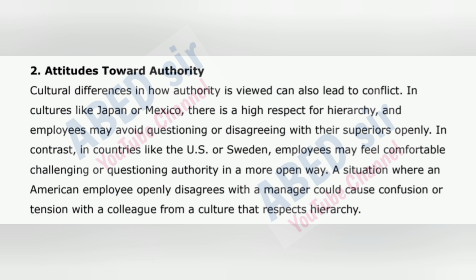In contrast, in countries like the US or Sweden, employees may feel comfortable challenging or questioning authority in a more open way. A situation where an American employee openly disagrees with a manager could cause confusion or tension with a colleague from a culture that respects hierarchy.